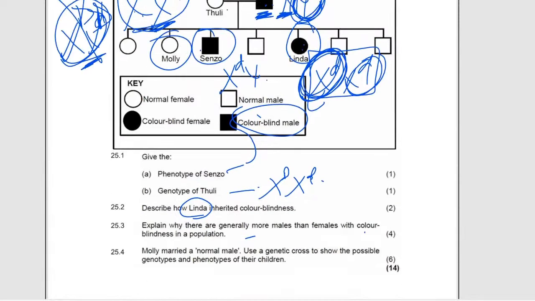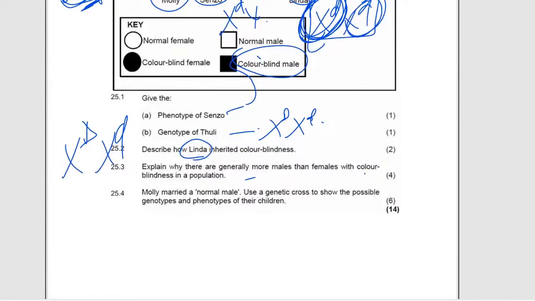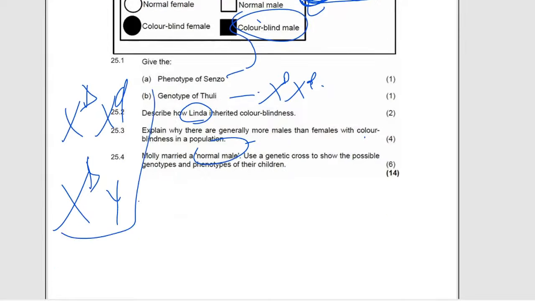Then automatically Molly is X capital D, X small d. And then she married a normal male. A normal male doesn't have any other alternative. So your cross must be the genotype of the mother and the genotype of the father.